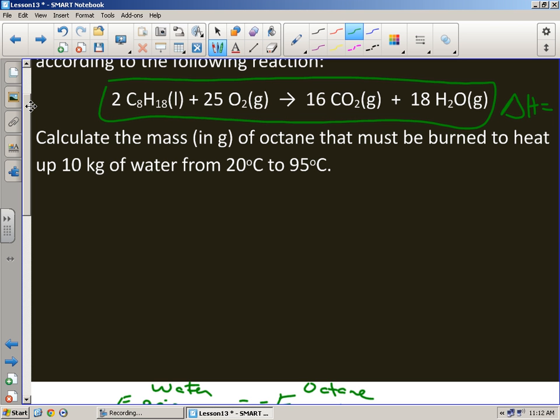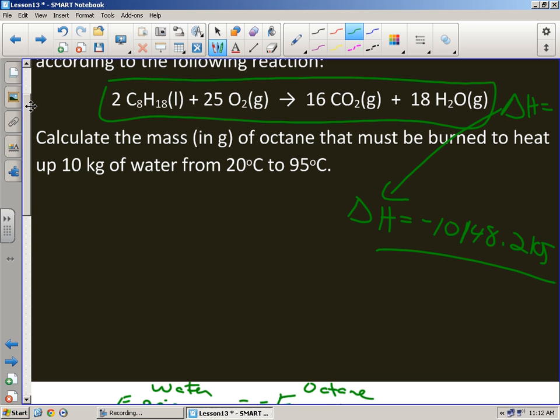We type all that in, and we get negative 10,148.2 kilojoules. Okay? So right here, at the end, I'd say delta H is negative 10,148.2 kilojoules.